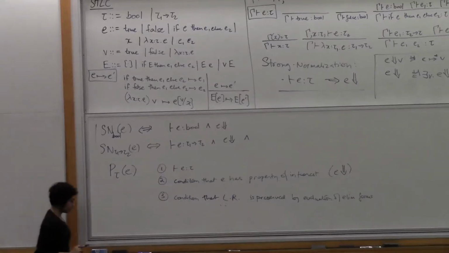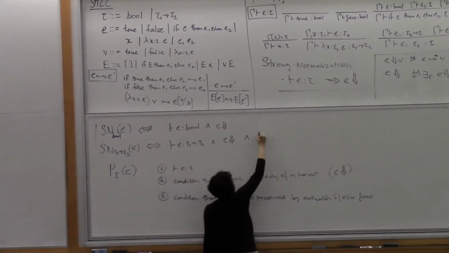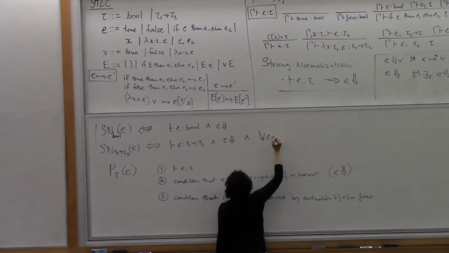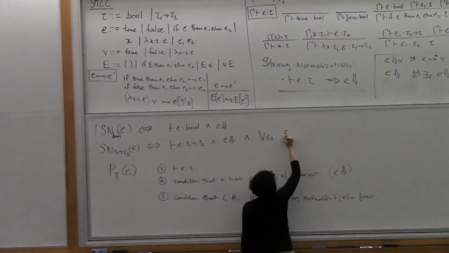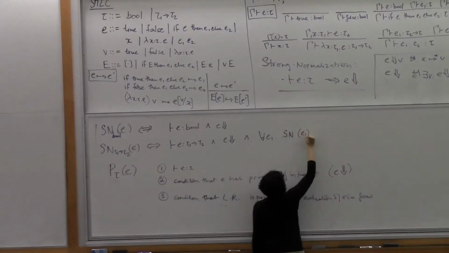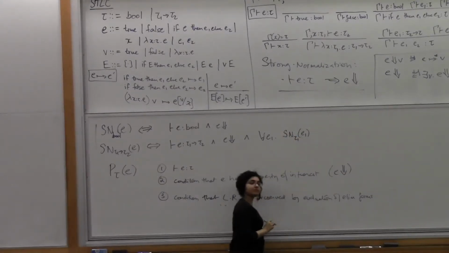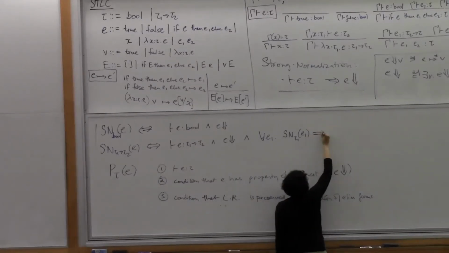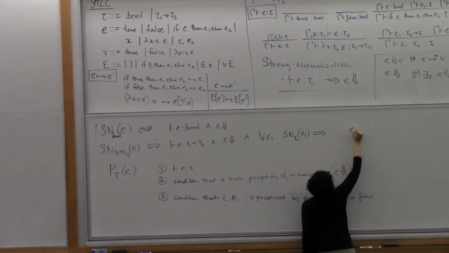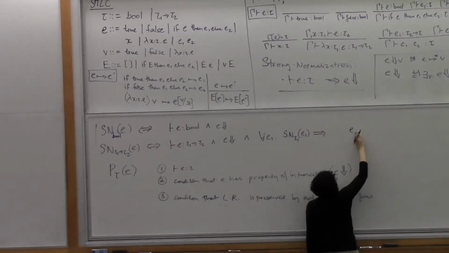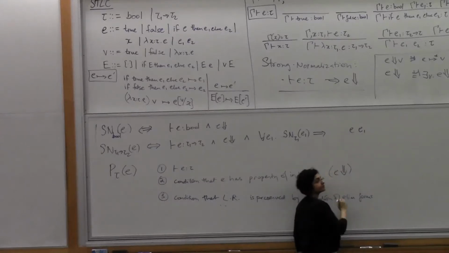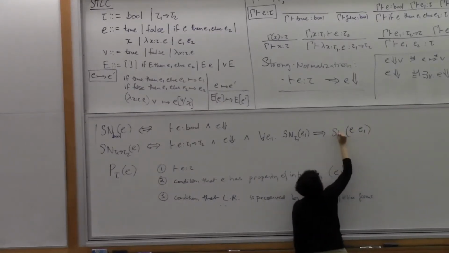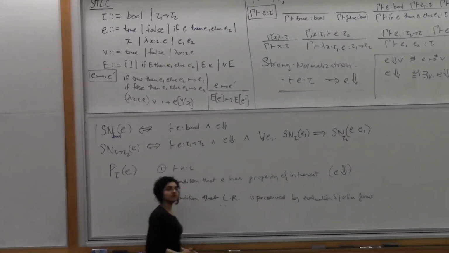What we want here is, basically we want to say that given an arbitrary, let's call it E1, such that E1 is a strongly normalizing expression of the argument type, it better be the case that when we take E, our expression of function type, and apply it to this E1, we get a strongly normalizing expression at the result type, tau 2.